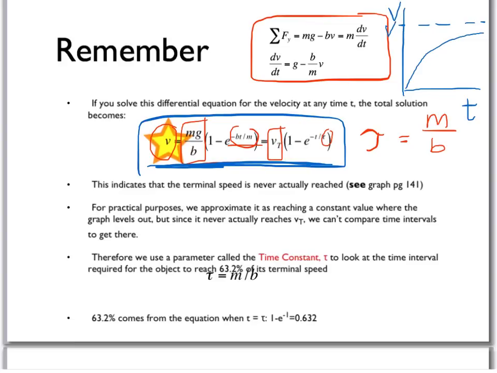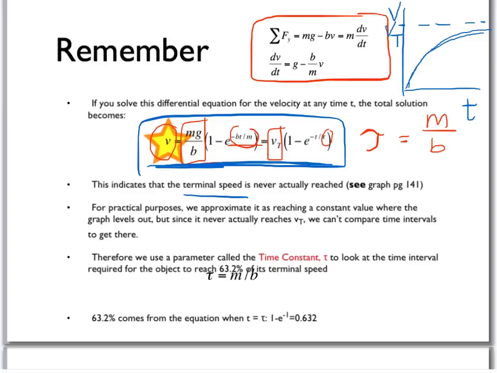This value here would be considered v sub t. The graph approaches that value, but it never actually reaches it, which means that terminal velocity is never actually reached. For all practical purposes, we could approximate it as reaching a constant value at some point, sort of where the graph levels out, but it never actually hits that value of v sub t.